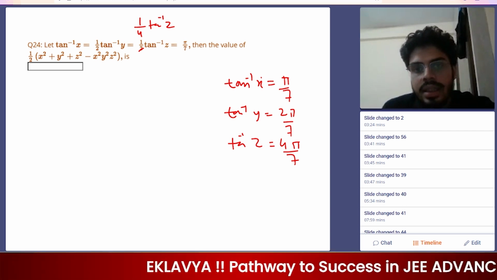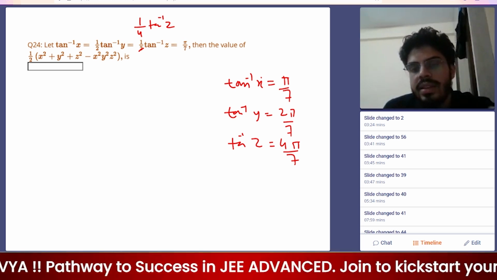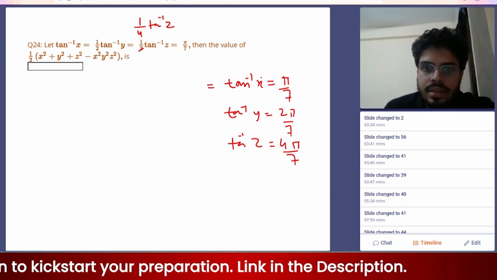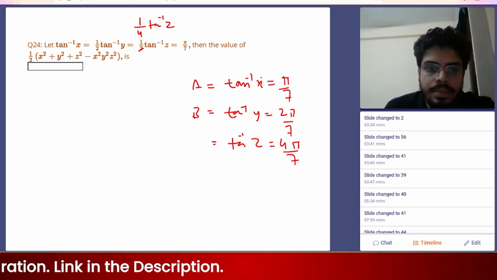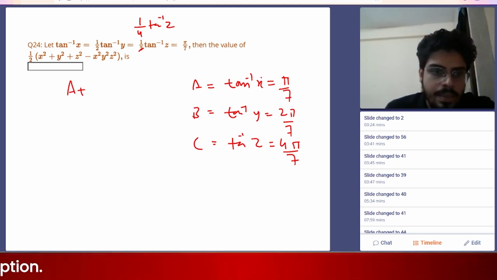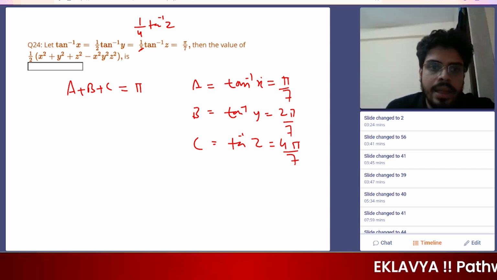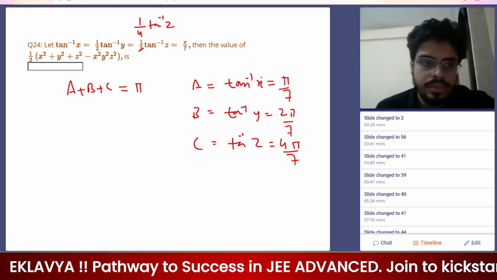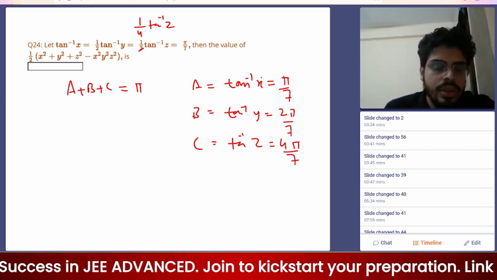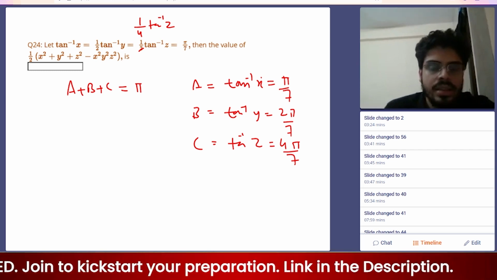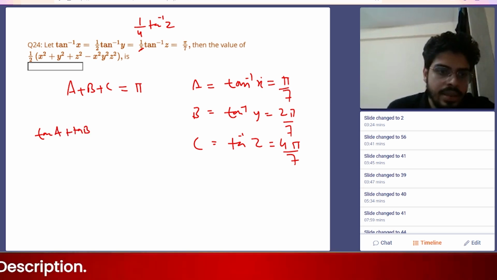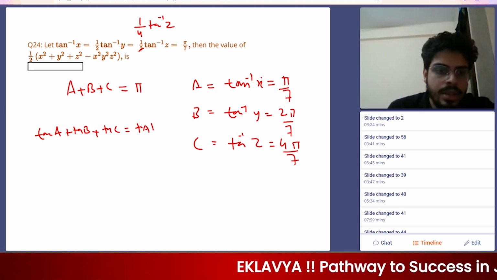So I can see that pi by 7 plus 2 pi by 7 plus 4 pi by 7 becomes pi. Let's say these are angles A, B, C. So A plus B plus C, the sum of angles, is pi. It means that these are the angles of a triangle. So in a triangle, if A plus B plus C is equal to pi, we know tan A plus tan B plus tan C will be equal to tan A tan B tan C.